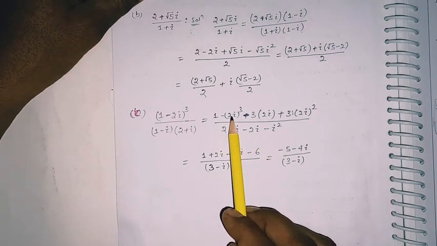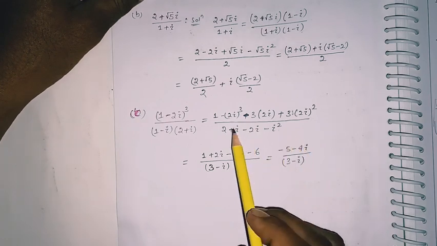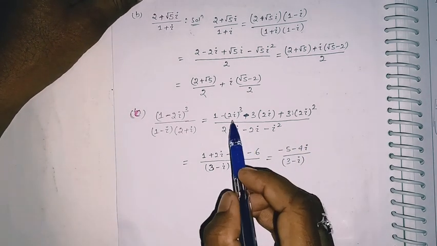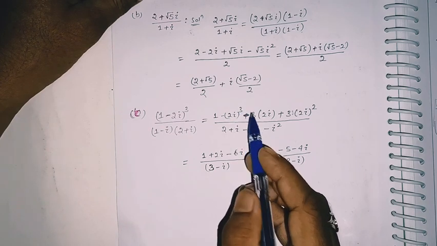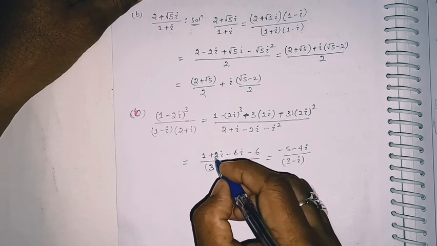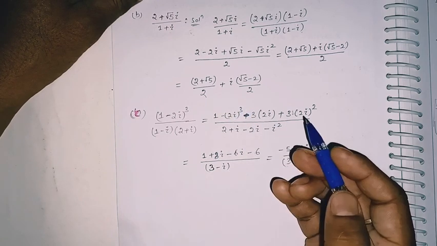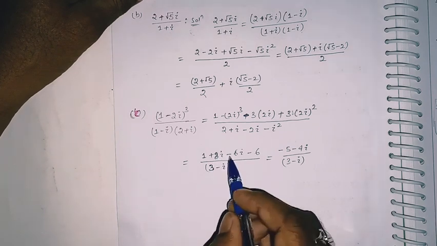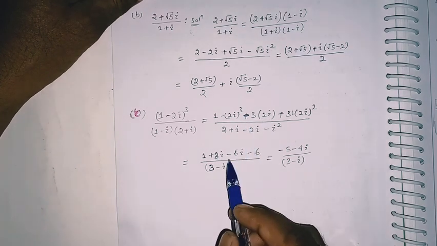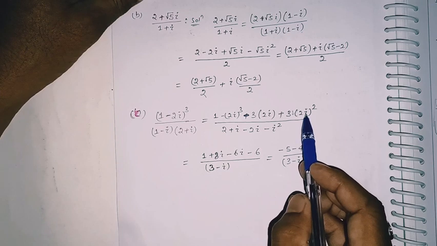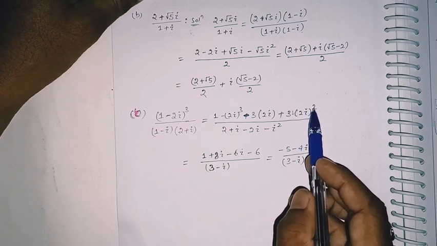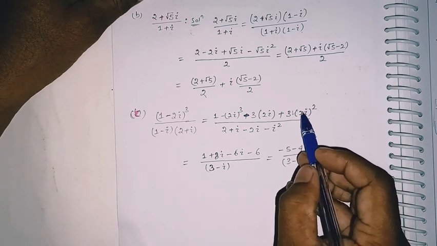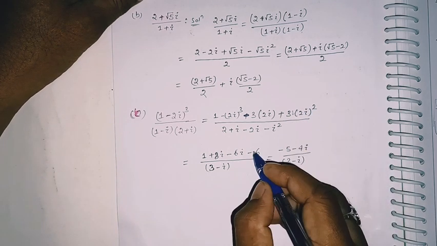Here you can see 1 minus this will be how much? So here I mistakenly wrote here, this will be 2 to the power 3, that means 8. i to the power 3 is minus i, here minus, so plus i. So 8i minus 6i, 3 into 2 is 6, here you can see i square will be minus 1, and 2 to the power 2 is 4, 4 into 3, this will be 12.